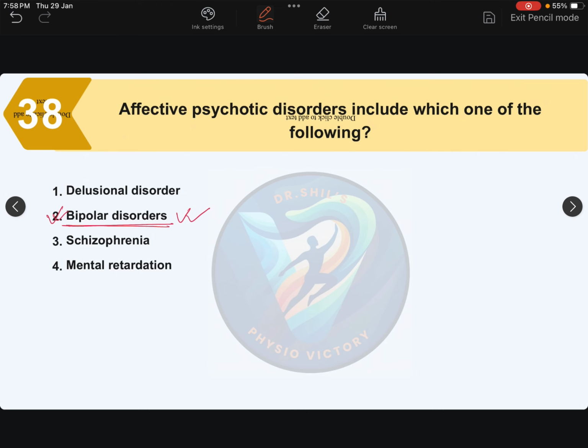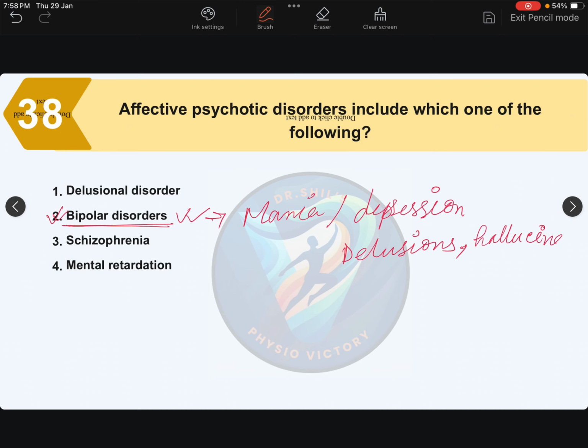It includes mania and depression, and psychotic symptoms are basically delusions and hallucinations. Delusional disorder is non-affective.